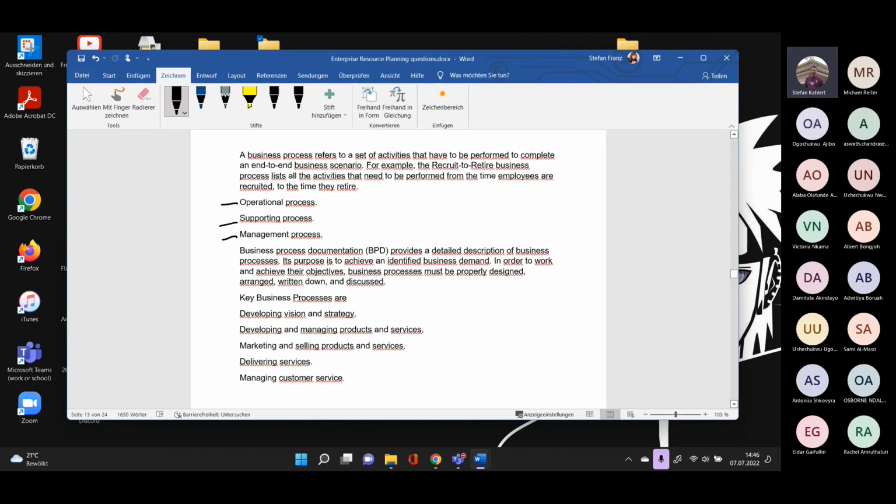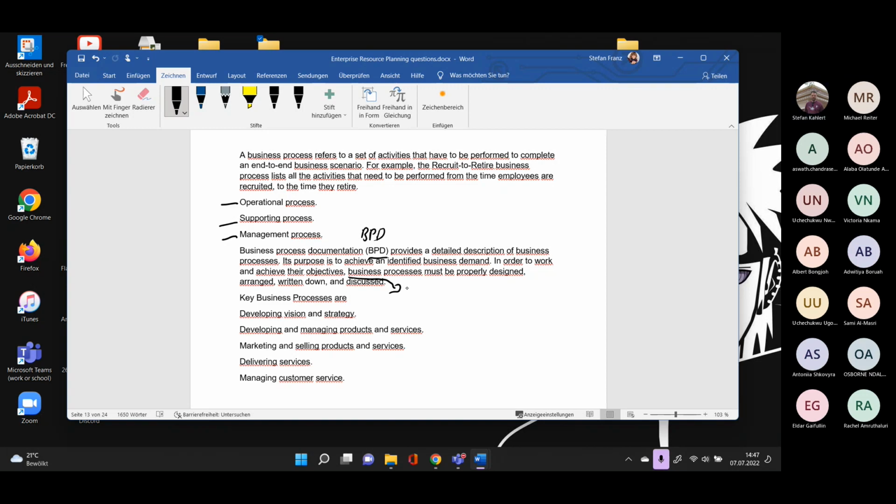What is business process documentation? This is a terminology you should know. It's a detailed description of processes to achieve identified business demand in order to achieve the objectives. And this means keeping the forecast.